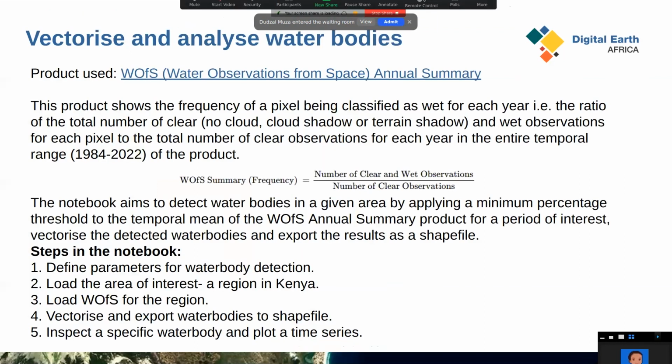We also have another use case for mapping water extent, in which we use the WOFS annual summary to classify area pixels as water or land, and then export the detected water bodies as shapefiles. The area of interest is a region in Isinya County of Kenya.